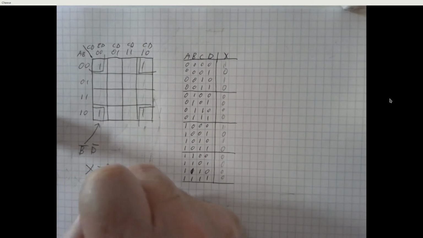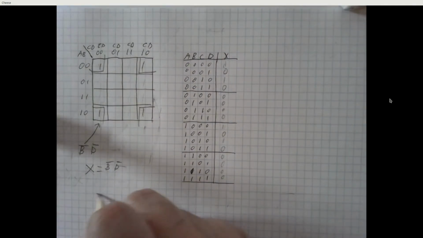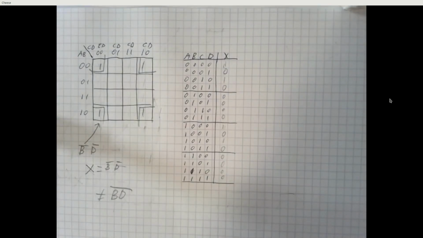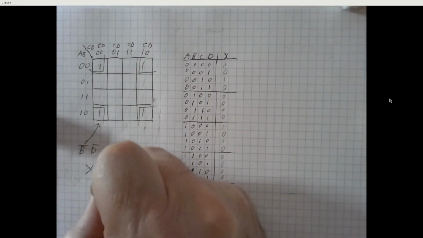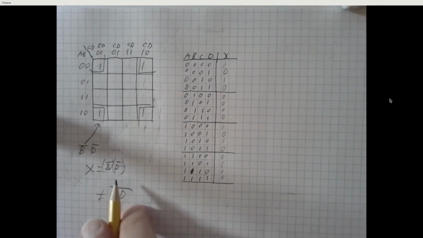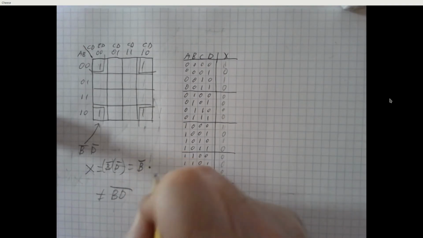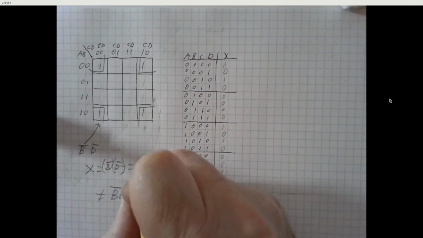It's just B bar ANDed with D bar. And remember, this is not the same thing as BD, ANDed and then barred, okay? There's two things being complemented and then ANDed together. So, B bar, big space in between, D bar.